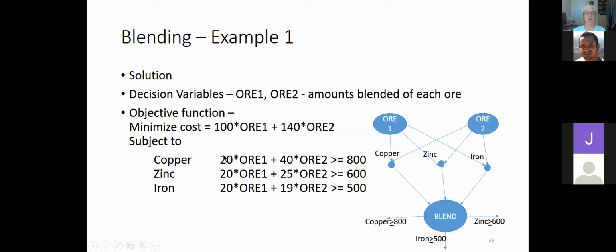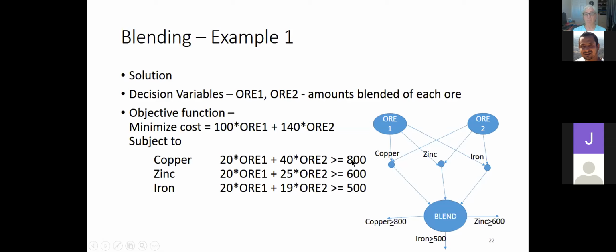Together, it's how much you are going to get from the blend, and then for zinc, and then for iron. And it has to be at least as large as the required quantities. And in the optimal solution that we had last time, what we saw was that these two, so copper and iron were provided exactly as needed.